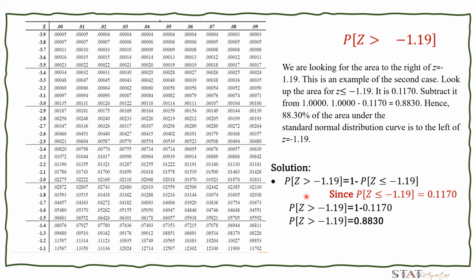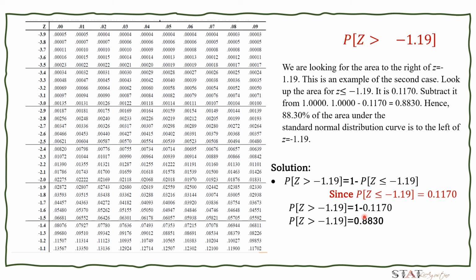The probability of z greater than negative 1.19 is equal to, remember the case 2, 1 minus the probability of z less than or equal to negative 1.19. So recall that our probability in the area of negative 1.19 is equal to 0.1170. So using the principles and rules of computing for the probability, especially in the case 2, we have 1 minus this area.